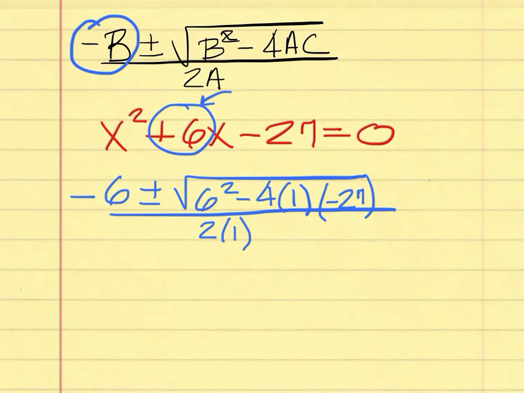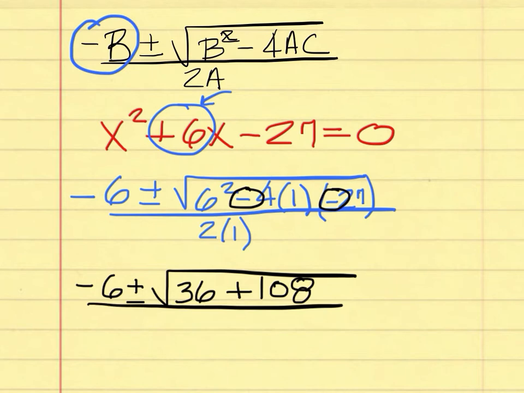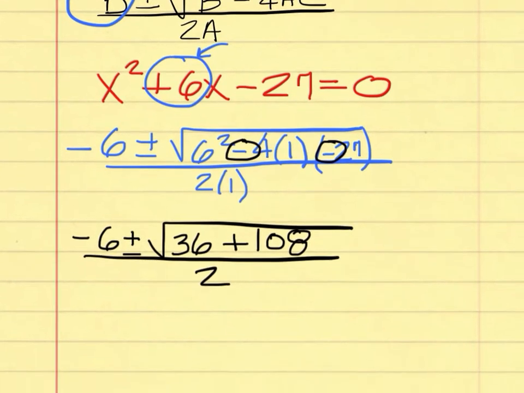From here you have to simplify. -6 plus or minus 6 squared is 36. You have a minus sign and a negative sign. That's a double negative, which means you'll change to plus. And then 4 times 1 times 27 is going to be 108. On the bottom, 2 times 1 is simply 2.